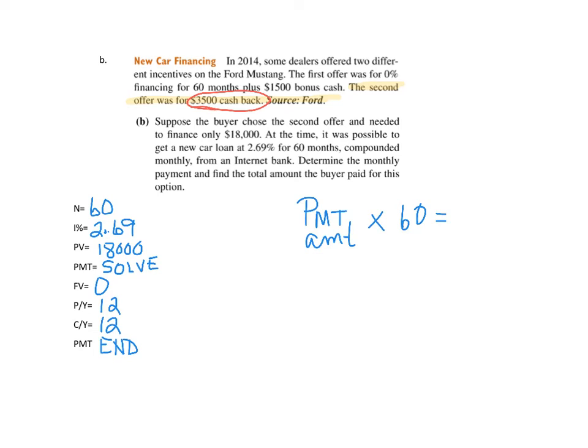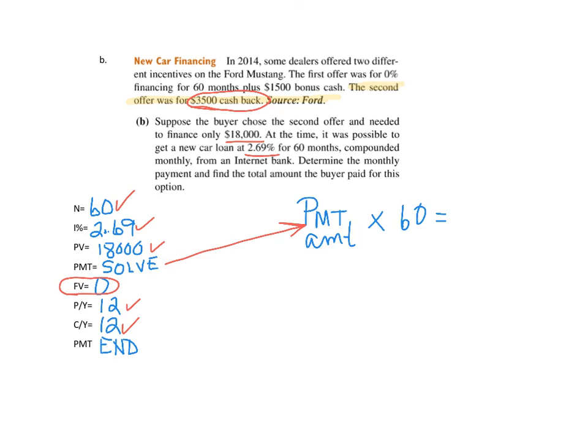The second offer, this buyer needed to only finance $18,000, not $20,000, because they got $2,000 more in cash back. So they financed $18,000. They were able to get a new car loan at 2.69% interest. And they financed it once again for 60 months, 12 payments, and interest compounded 12 times a year, with the goal being that the car is paid off at the end, and we need a payment amount.